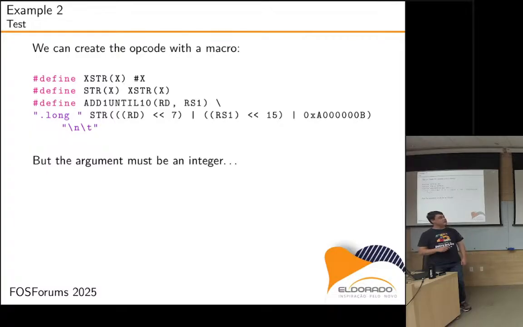So we will use a series of macros to emit the assembly using the .long directive and a fixed number, and that will be understood by the assembler that will generate the instruction that QEMU will try to execute.